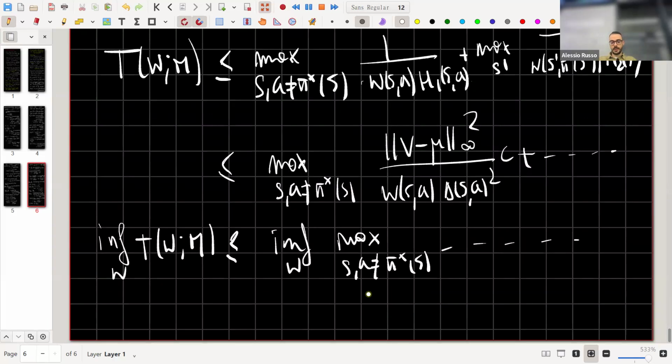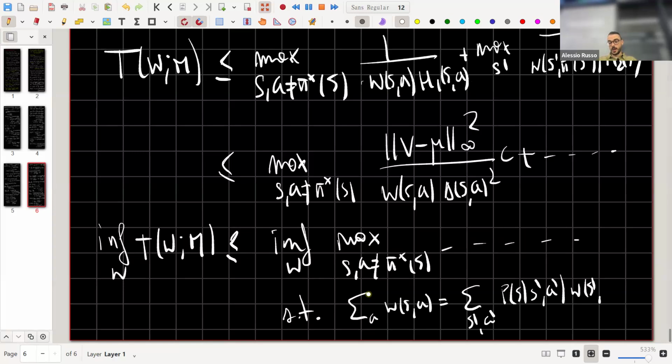And the W is always constrained to the stationarity constraints: subject to the sum over a of W_sa being equal to the sum over s', a' of P(s | s', a') W_s'a' for each s. So this is the sample complexity result that we're gonna use to derive a design of the algorithm.